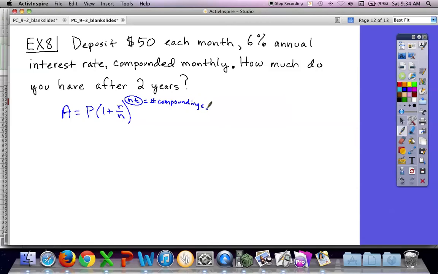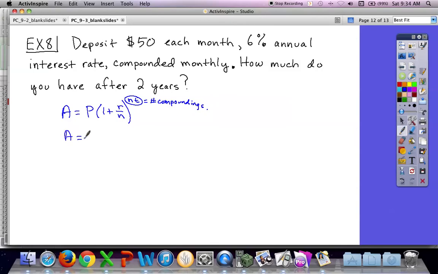So for example, if I put in $50 the first month, that $50 is going to be in there for 2 years or 24 months. I would calculate how much it's worth at the end of that time by doing this.